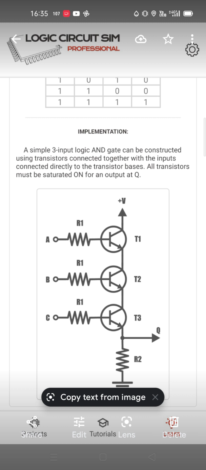Then you have a resistor R1, which gives the gate its functionality. When you put an input high on A, you get an output which is high or low depending on what kind of input you give on the other side.